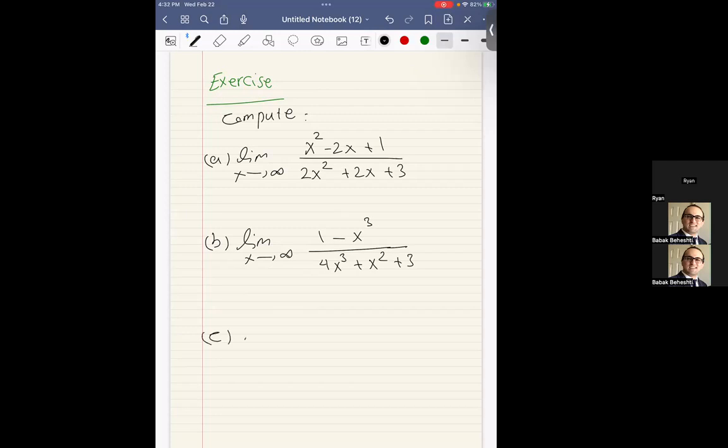And the last one, limit as x goes to infinity of 2x to the power 4 plus 3x cubed plus 2 over 1 minus x to the power 4.